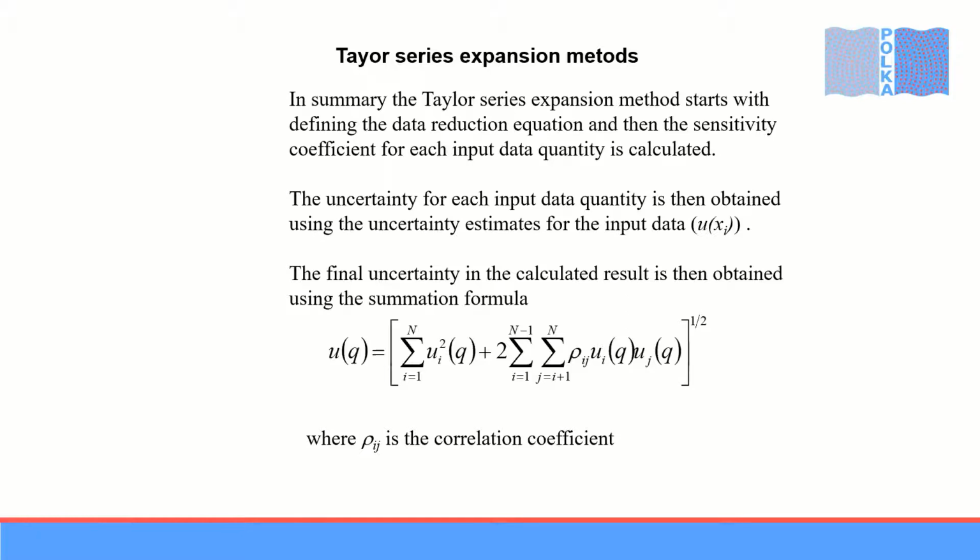Also, if you can find information about the correlation coefficients, but in many cases it can be assumed to be 0, so you just take the square of each uncertainty, you sum them and you take the square root.